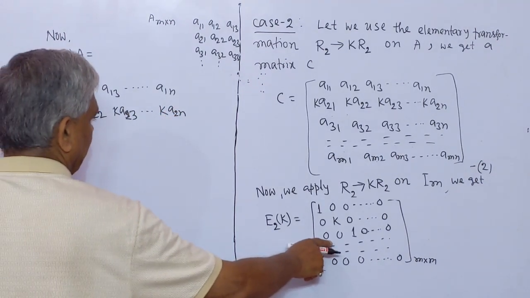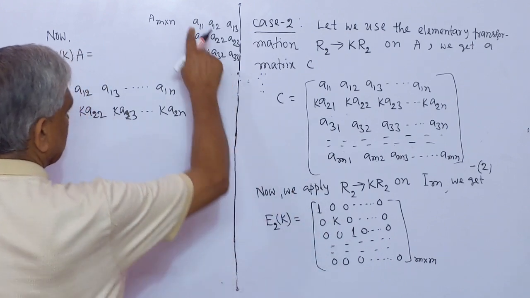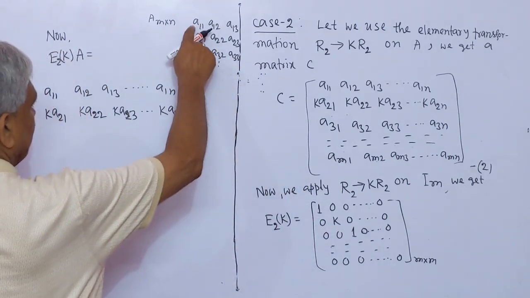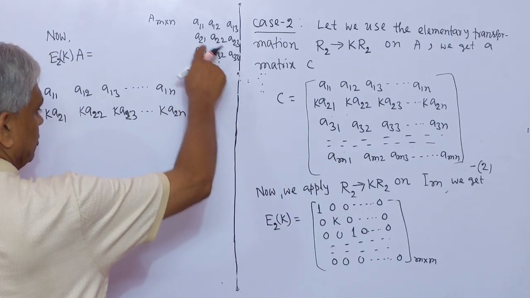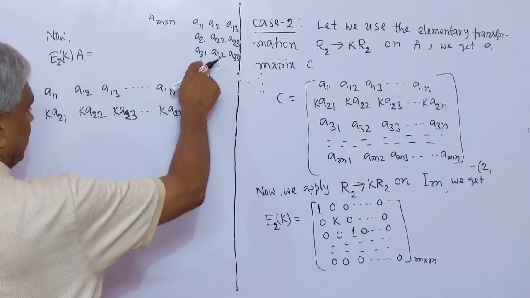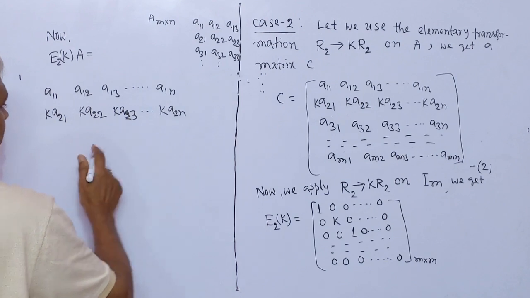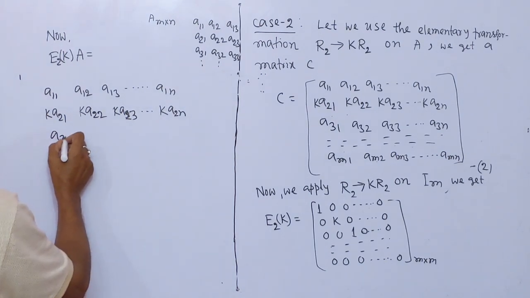Now third row, first column. 0 multiply A11, 0 multiply A21, 1 multiply A31, A31 and others are 0.